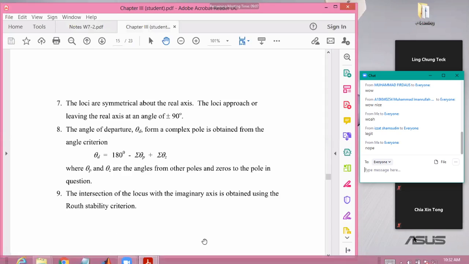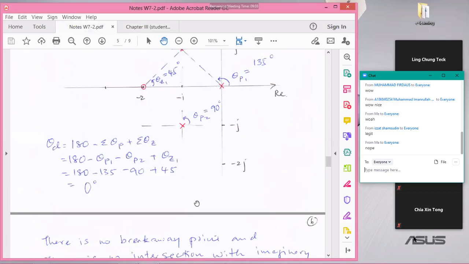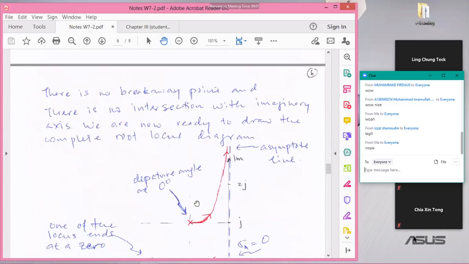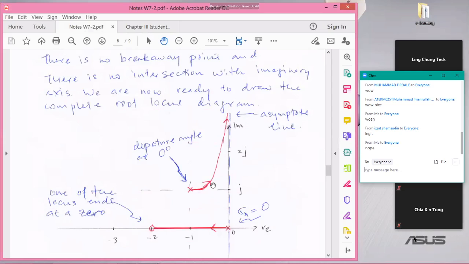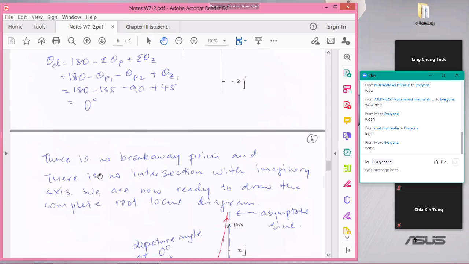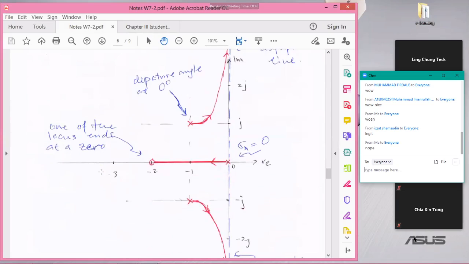Okay, now we are ready to draw our complete root locus diagram. There's no breakaway point as well, so you don't need to compute the breakaway point because the locus will not enter the real axis. So we are ready now to draw the locus diagram.